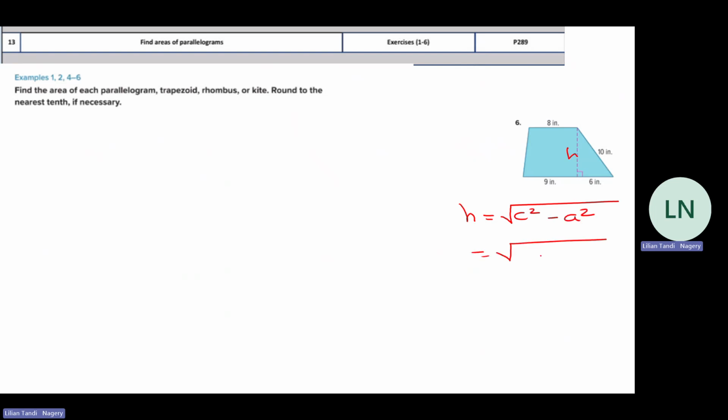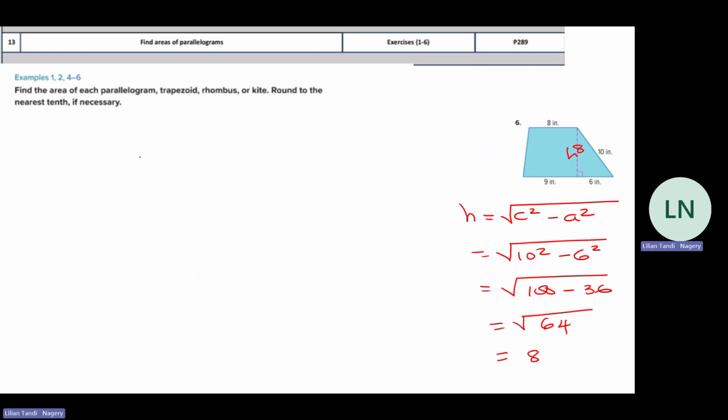So square root of 10 squared minus 6 squared. This is square root of 100 minus 36. 100 minus 36 should be 64. Okay, so this is equal to the square root of 64, which is 8. So I'm going to put 8 over here.